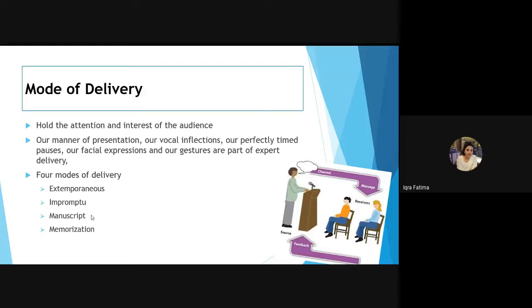The second one is impromptu presentation, in which you are not prepared because you were not informed beforehand that you have to deliver something. It happens sometimes in a meeting that you are called upon as the speaker of the day and you have to speak.